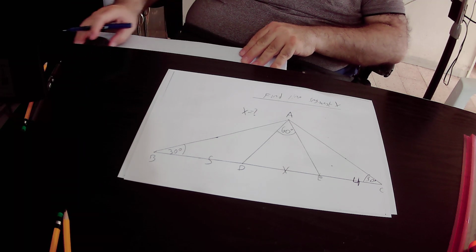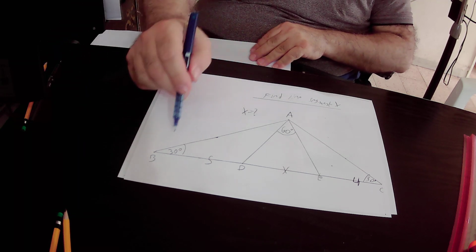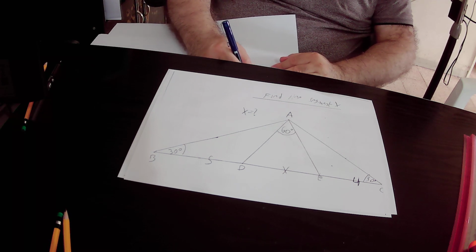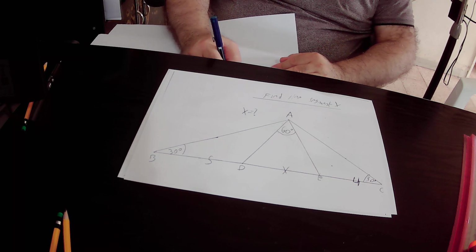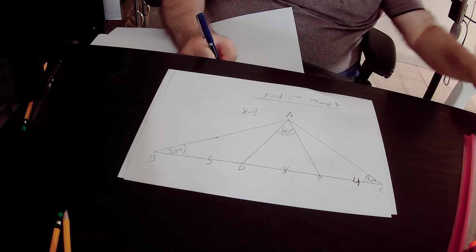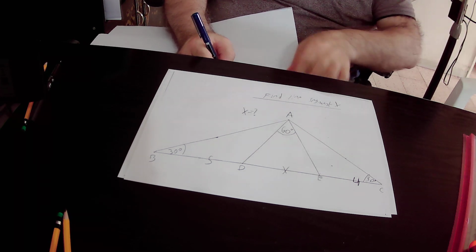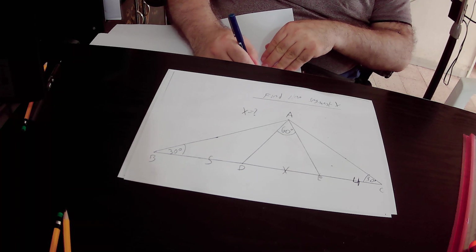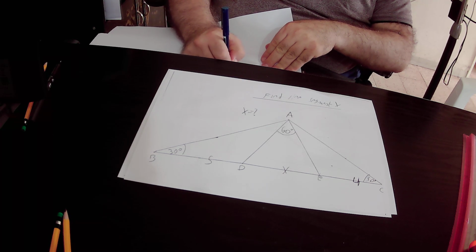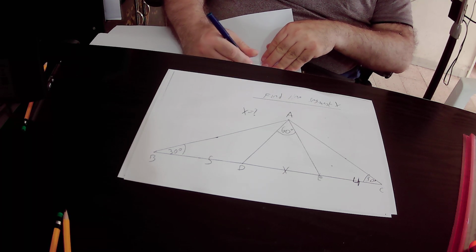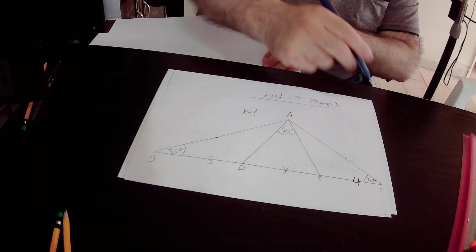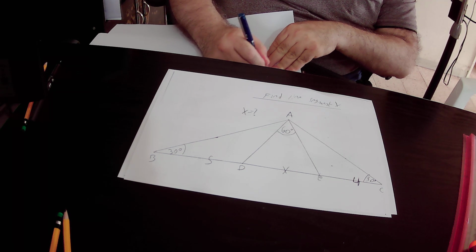We know that angle ABC equals 30 degrees, and it is equal to angle ACB, which also equals 30 degrees.